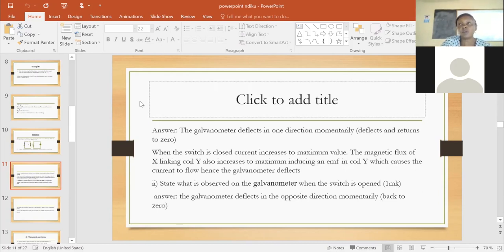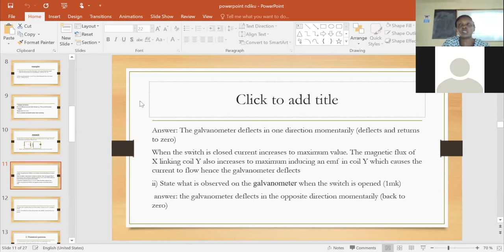When it's being marked, the examiner will first check for the words returning to 0. If you don't mention returns to 0, then the whole question will not be marked. So the correct observation must be given.